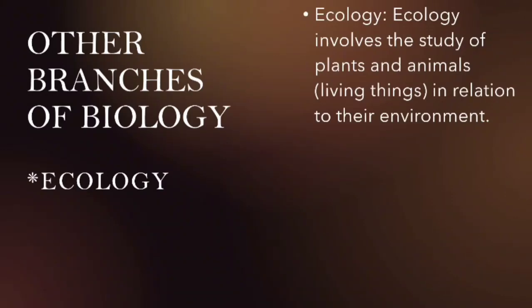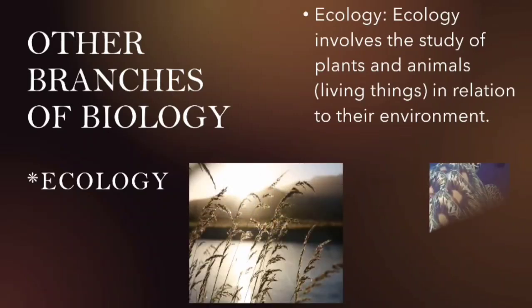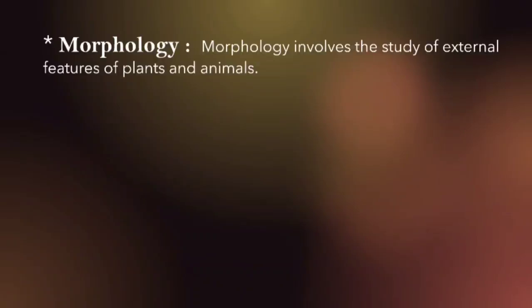So if you're studying plants and animals and their environment and how they interact with each other, then that is ecology. Then another one is morphology. Morphology involves the study of external features of plants and animals. When we say external features, those things you can see with your eyes. So if you decide to study them, then that is morphology.